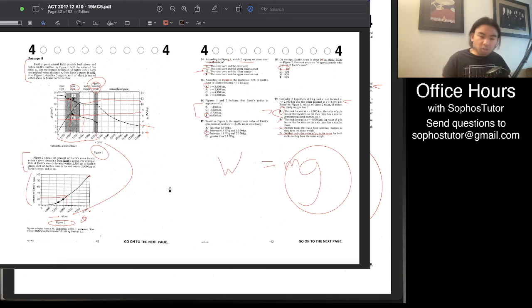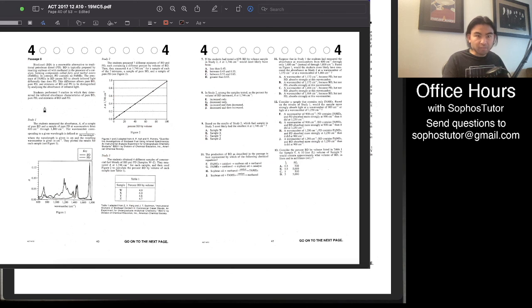Now, not all passages are going to be structured like this. This is what we call a data passage, where the focus is on charts. Sometimes you're going to see passages which have different studies, but they're going to follow similar principles. There are going to be questions that will direct you to figures and charts and tables. You're going to want to follow the axes on figures and titles on tables.